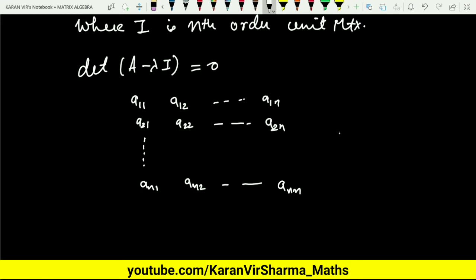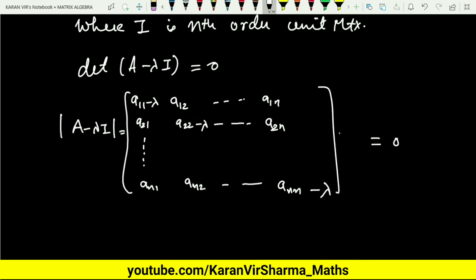So if this is a matrix, now what you do is you just take A minus lambda I. So this will be a11 minus lambda, a22 minus lambda and so on to ann minus lambda. Now take the determinant of this matrix. On equating this determinant to 0, you will be getting an equation which is known as the characteristic equation of A.